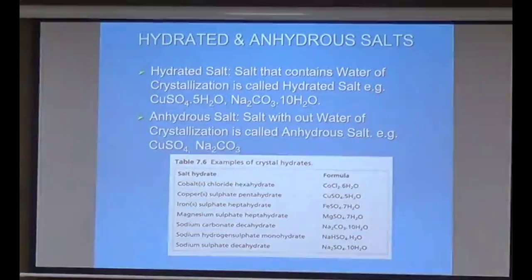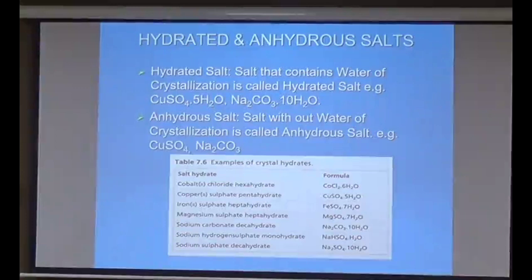In the category of hydrated, we have seen the example of copper sulfate, CuSO4.5H2O. This salt actually contains 5 molecules of water of crystallization chemically combined with 1 molecule of the salt. So this is an example of hydrated, and anhydrous is free from water of crystallization.